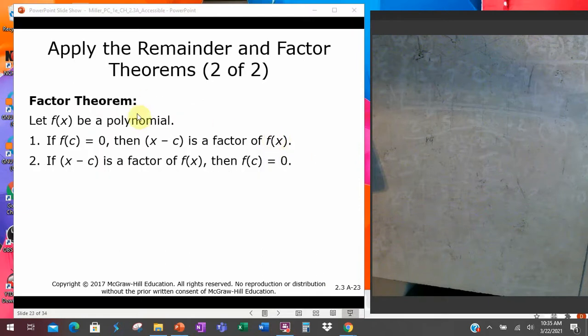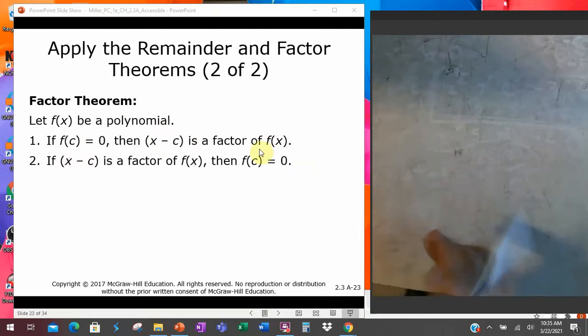Okay, so here it is. If some number c is a 0, then x minus c is a factor of f of x. Okay? And if x minus c is a factor, then f of c is equal to 0.